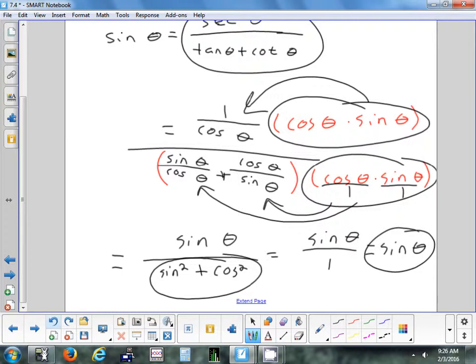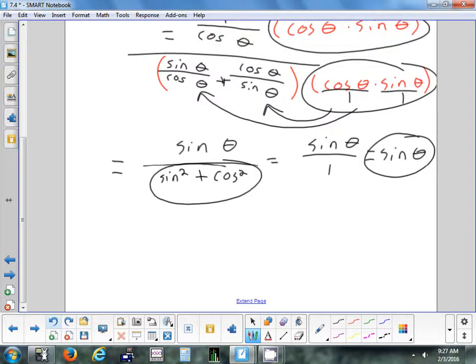Why wasn't it 1 over sine multiplied like that? And then you have to multiply by the whole fraction. You mean in the bottom? Yeah, when you multiply by cosine sine. So the first fraction is sine over cosine, and then we're multiplying by cosine sine, both in the top.